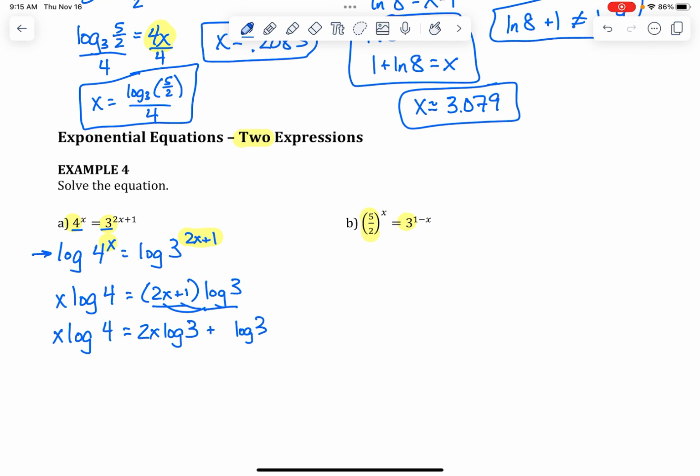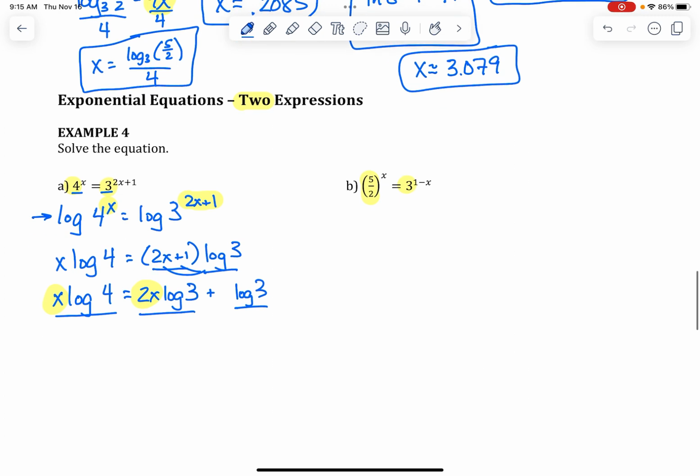Once you get rid of the parentheses, the whole goal is to get x by itself. So we have one term here, one term here, one term here. The only terms with logs should be on one side, and the things that don't have logs should be isolated.